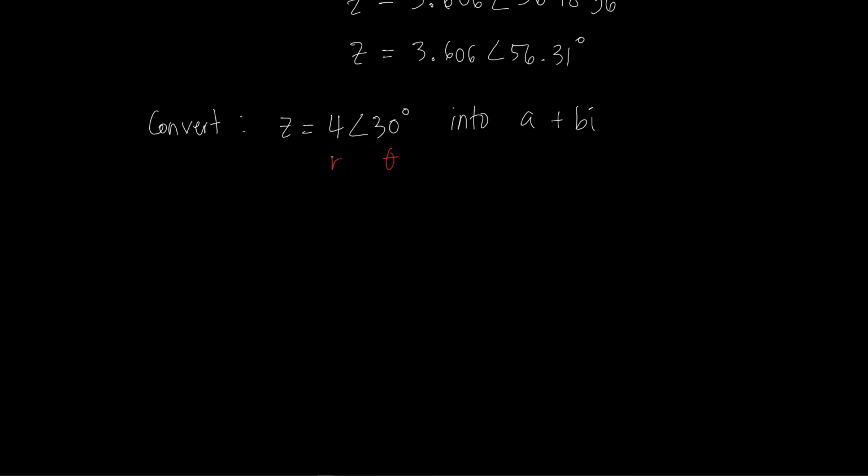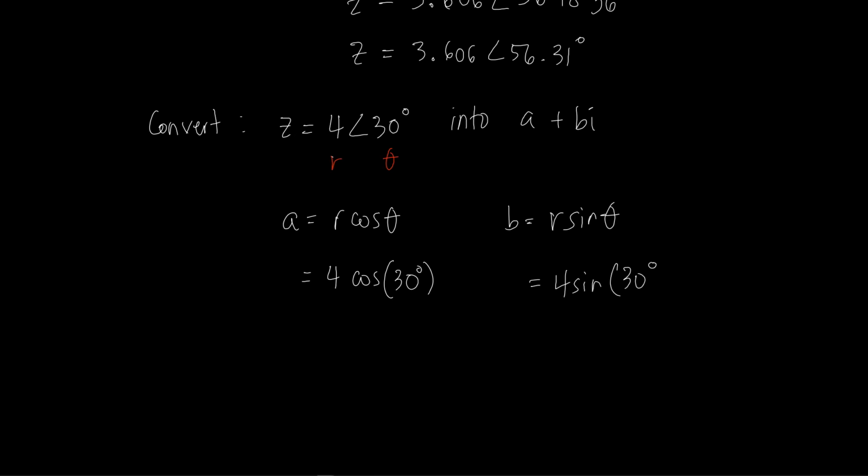A is equal to R cosine theta, and B is equal to R sine theta. Then, we have A is equal to 4 cosine of 30 degrees, and B is equal to 4 sine 30 degrees.